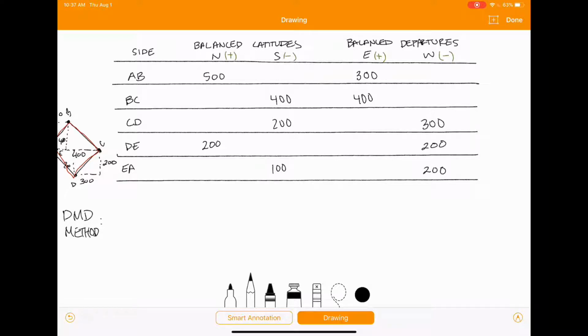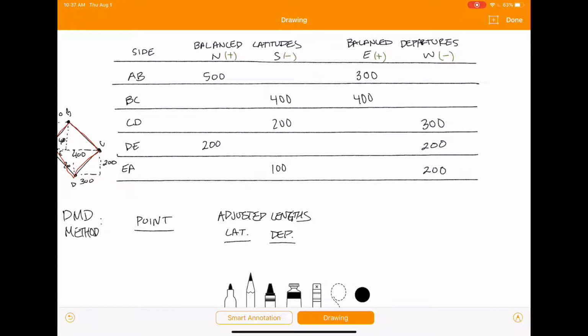So you're going to want to start with your point as a column in that table. And then you're going to have your adjusted lengths, and as part of your adjusted lengths, you're going to have your latitudes and your departures.